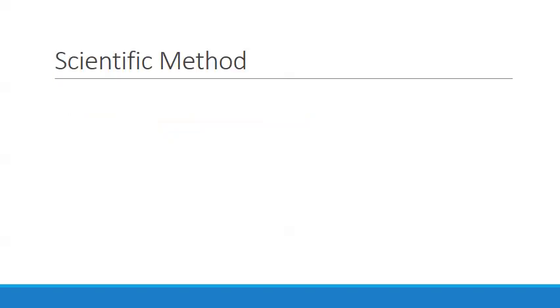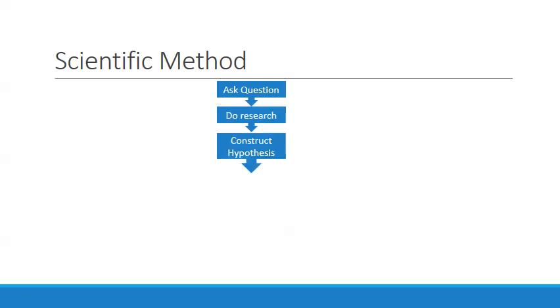Okay, economic models are constructed under the premise of the scientific method, which you probably learned in your science classes since you were in elementary school. Starting with asking the question, all of our economists have asked different questions as to how things were occurring within economies. They did the research, they constructed their hypothesis and said, okay, here's what I think is occurring.